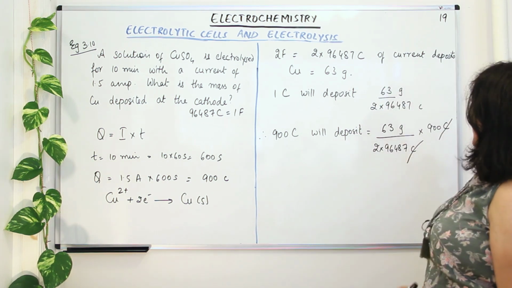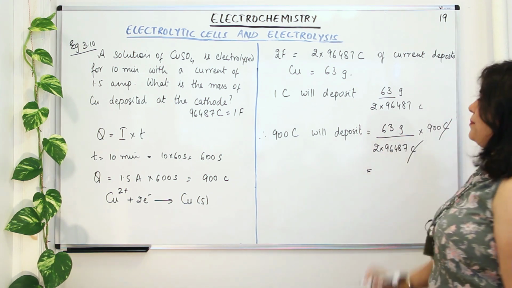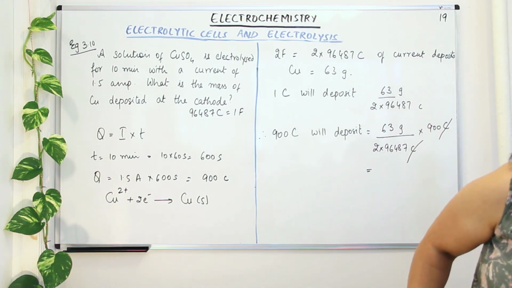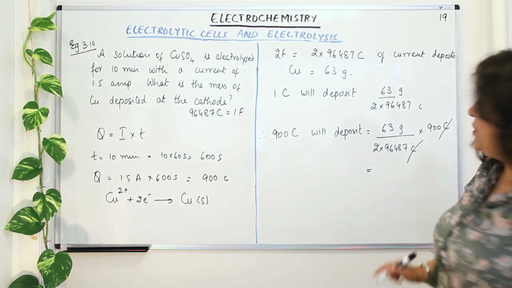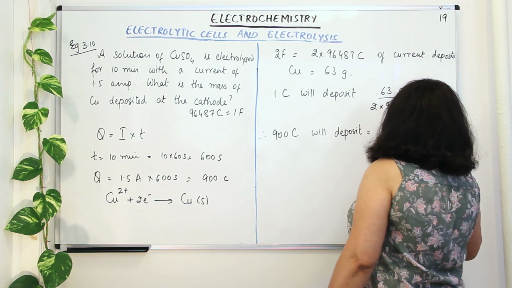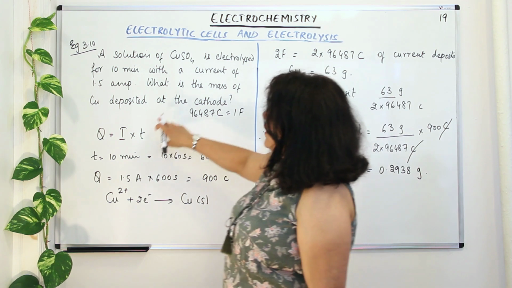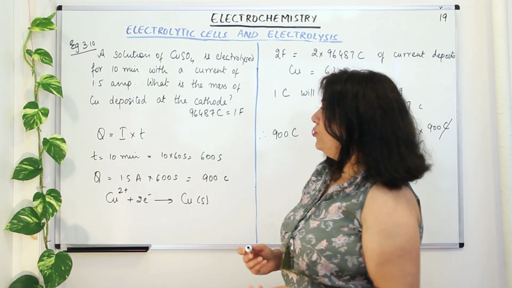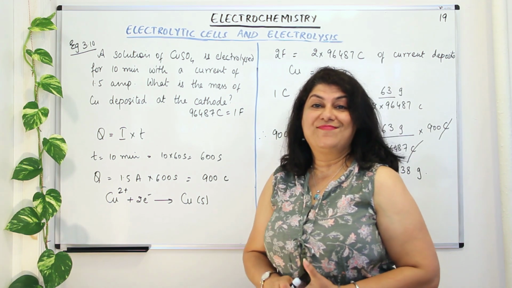The coulombs and coulombs get cancelled out and you get the mass of copper that is deposited. When you calculate this, it comes out to be 0.2938 grams. 0.2938 grams of copper will be deposited when 900 coulombs of electric current is passed through the solution of copper sulfate.